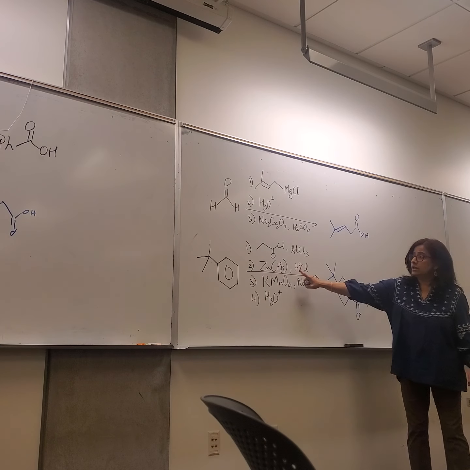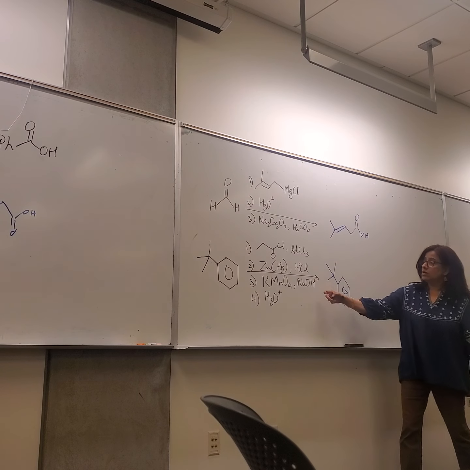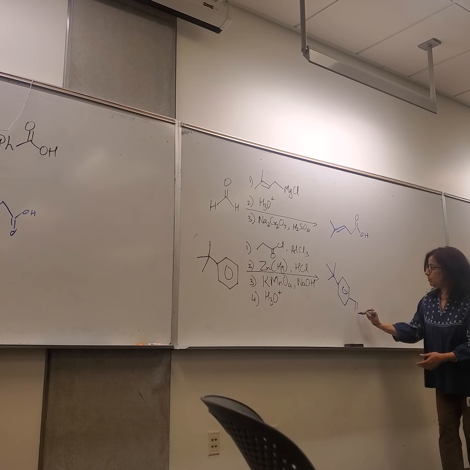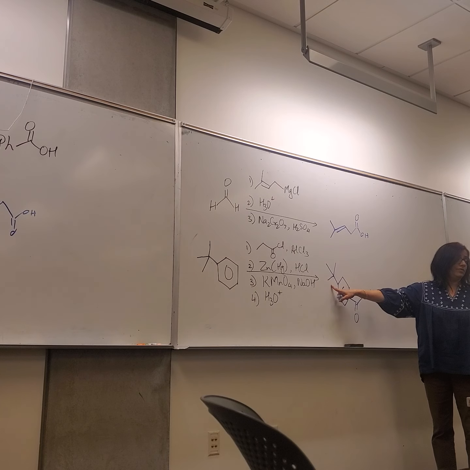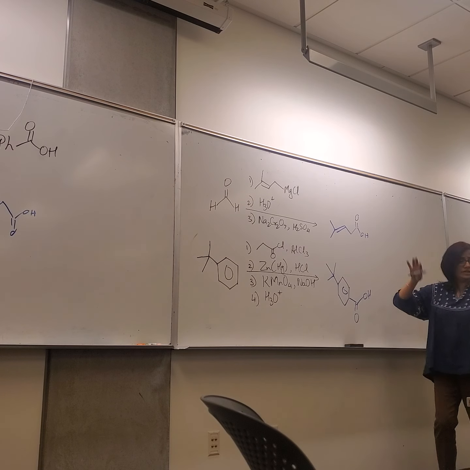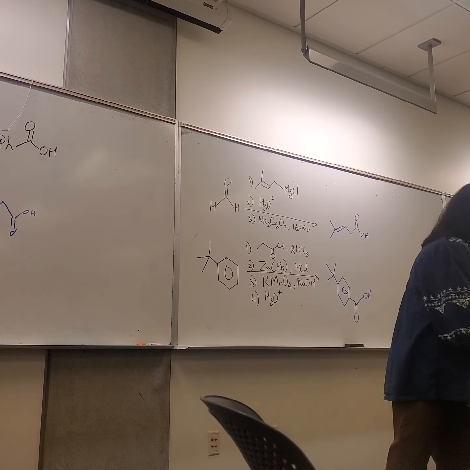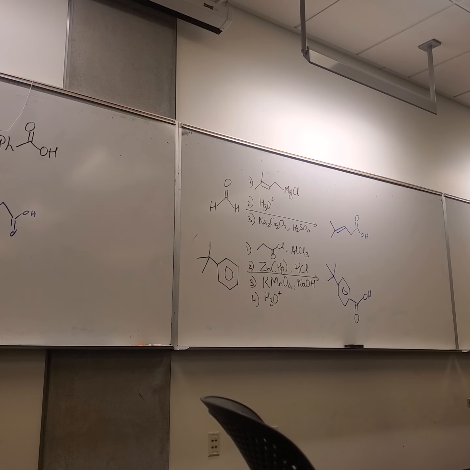What's going on here? The C double bond O is taken out. What's going on in 3 and 4? Benzoic acid. The tert-butyl is not affected. The R just gets broken off and becomes a carboxylic acid, so that's your final product. So we had to introduce another R group in order to get the carboxylic acid.